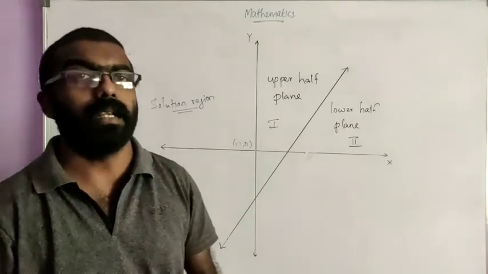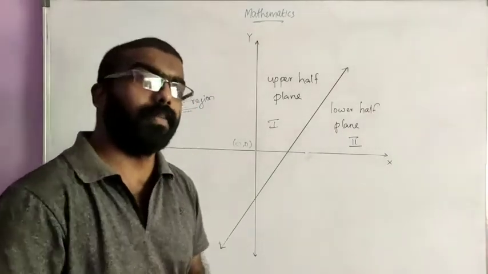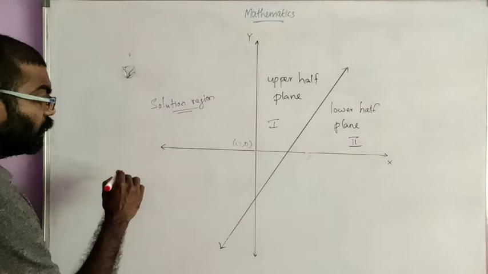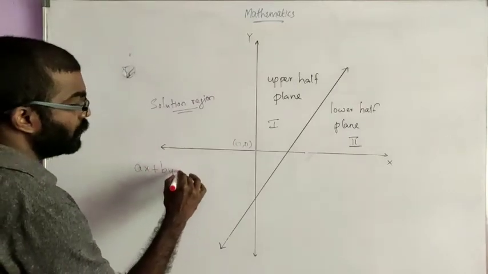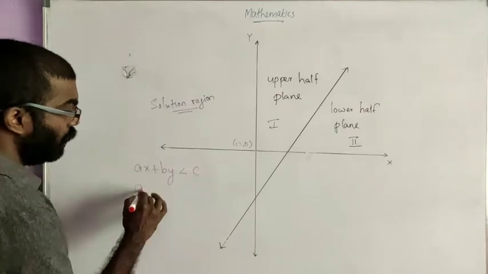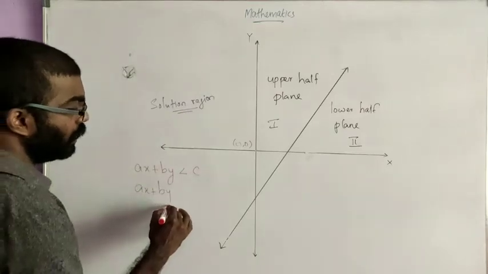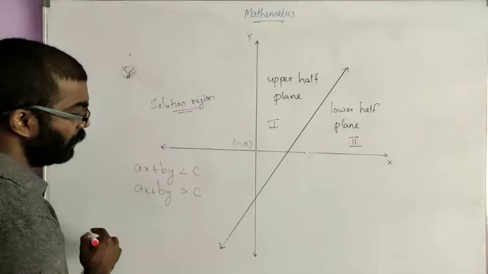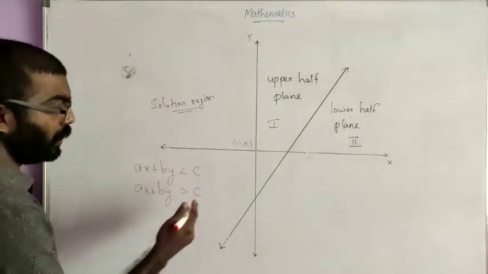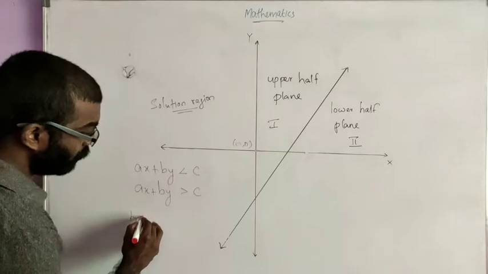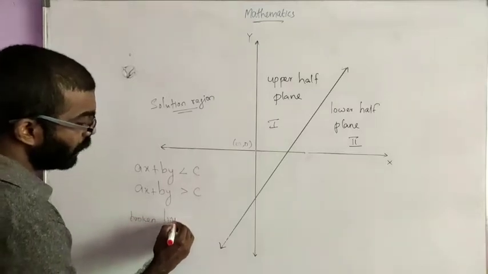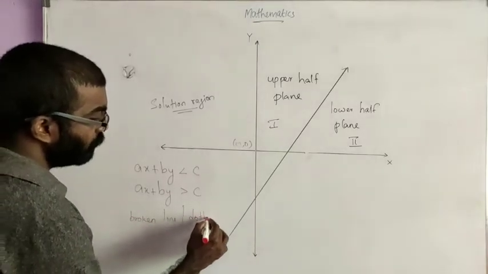solution region. Okay. And two more important points are: if the inequality is of the form ax plus by is less than c or ax plus by is greater than c, then we have to draw the line using a broken line. Broken line, that means dotted line.